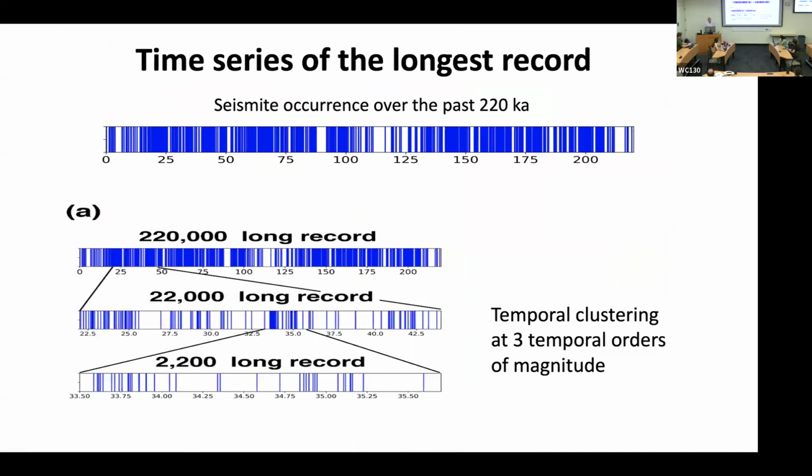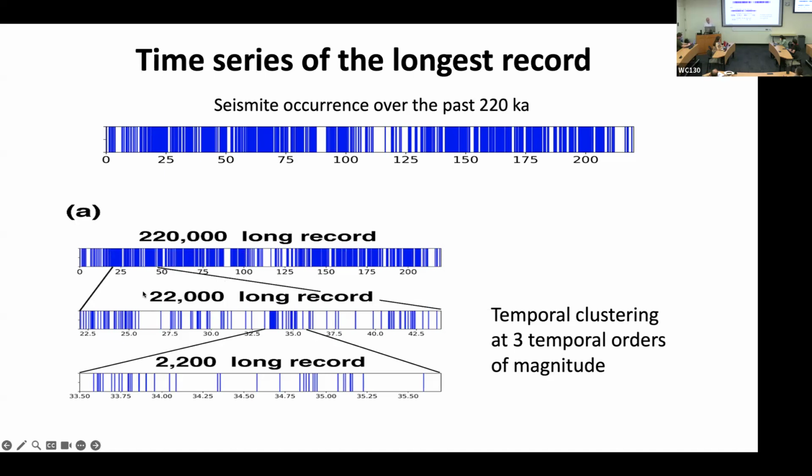So what we see when we look at a few thousand events, and plot all of the events, is periods with many events, like here, around 20, 25, 150, and periods with fewer events. We call this clustering. We can even look at that clustering at different time scales. When we look at 100,000 years, we see clustering.